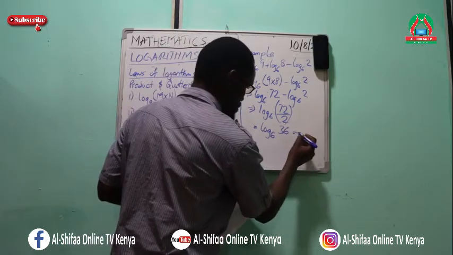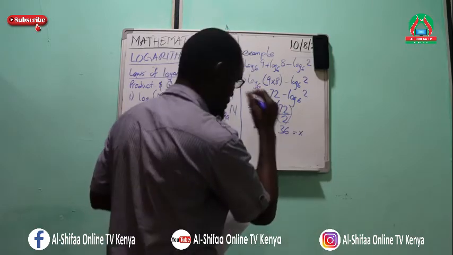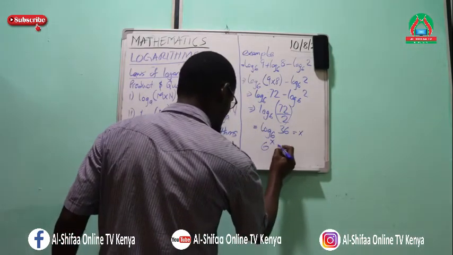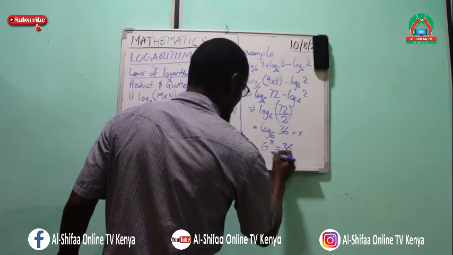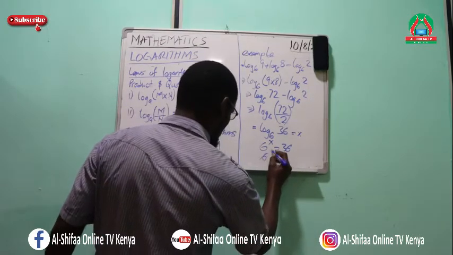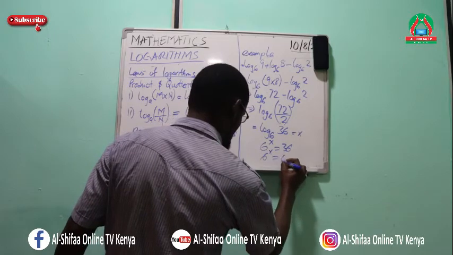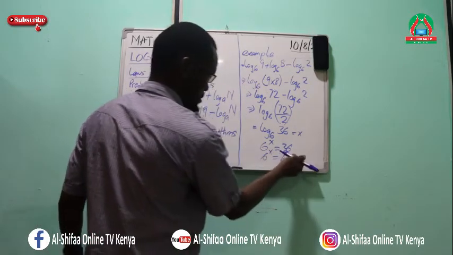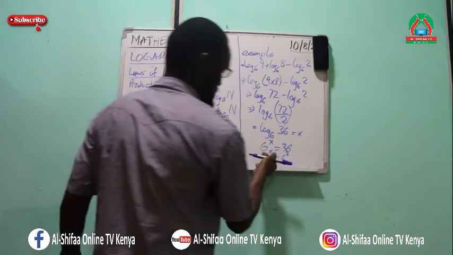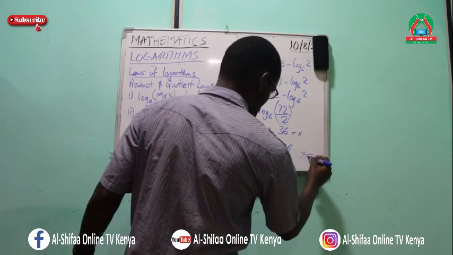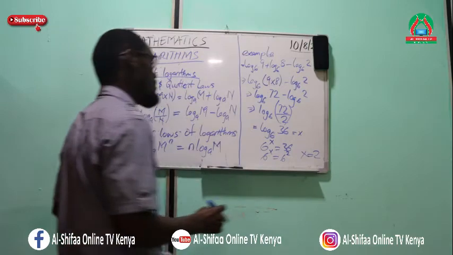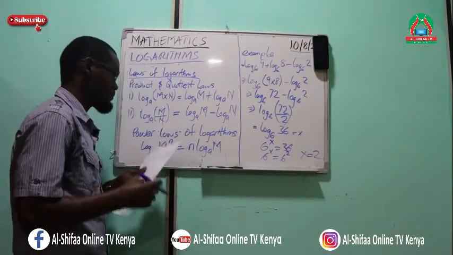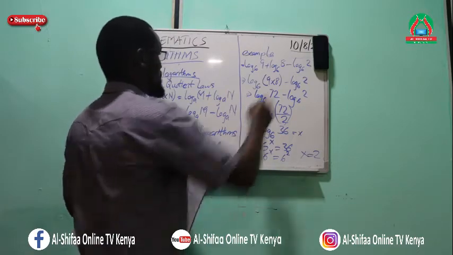We can say it is equal to x, then we change it into the index form, whereby it will be 6 power x is equal to 36, and it's equivalent to 6 power x is equal to 6 squared. So in this representation, it gives us that x is equal to 2. Let's see another example.